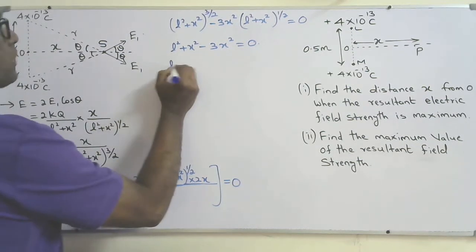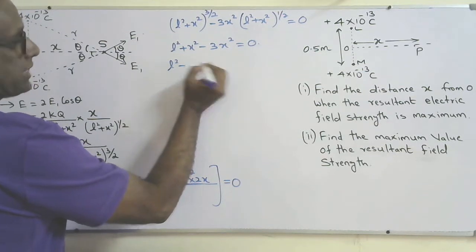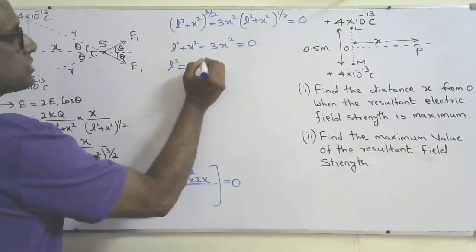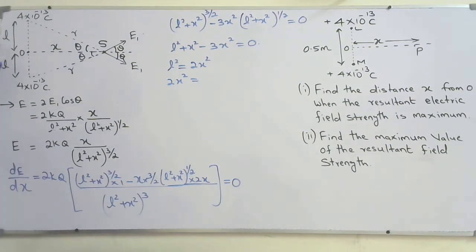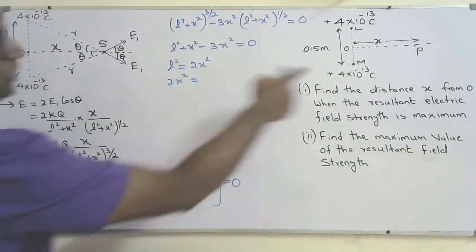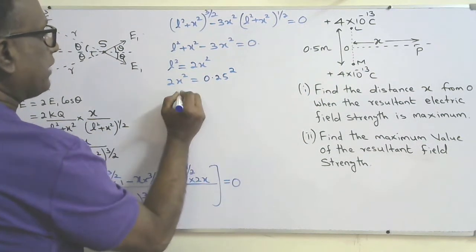That is L squared minus 2x squared, or L squared equals 2x squared. So 2x squared is equal to L squared. L is 0.25, so x squared is half of 0.25 squared. Find the value of x.